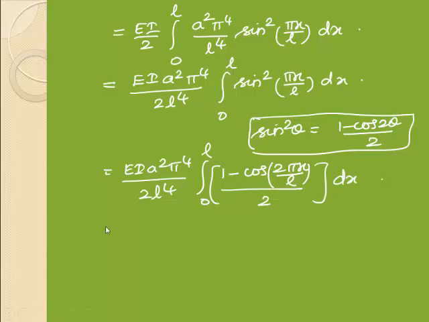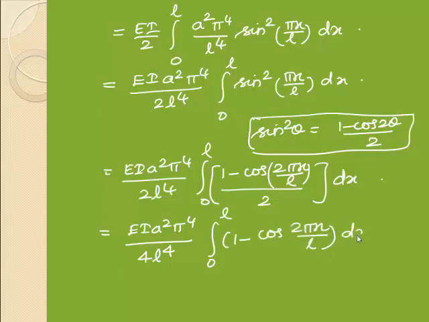This 2 can also be taken out. So EI a square pi power 4 by 2 into 2, that is 4 L power 4, integral 0 to L, 1 minus cos 2 pi x by L dx. So now we can integrate, EI a square pi power 4 divided by 4 L power 4.